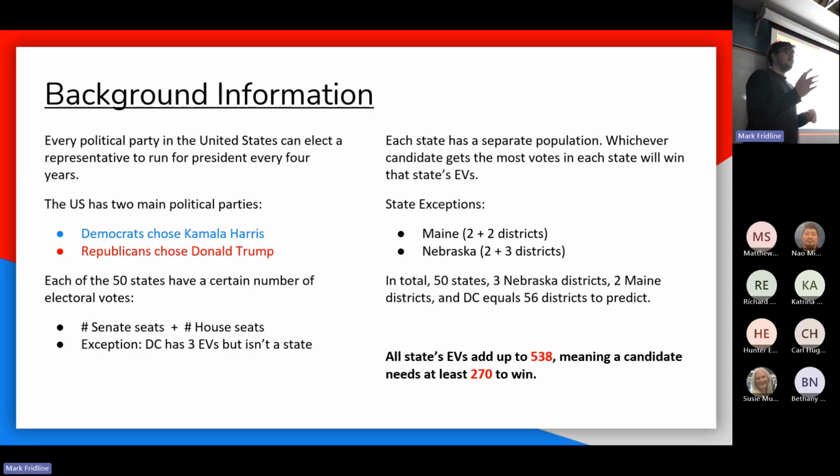But in all the rest of the states, it's winner takes all. In total, we have 50 states, 3 Nebraska districts, 2 Maine districts, and DC. So we have 56 districts that we have to predict. That totals up to 538 electoral votes, meaning that if a candidate gets 270 votes, then they will be the next president.